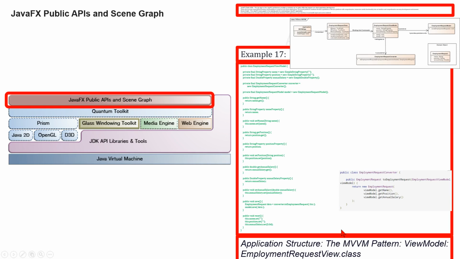Both the converter and the model have been added to this view model as prototypes, meaning that they were created when the view model is created. The converter is a class that translates between the view model and a domain object.